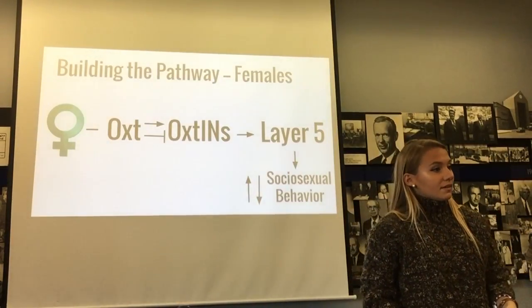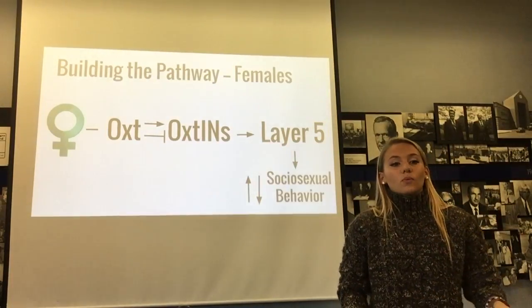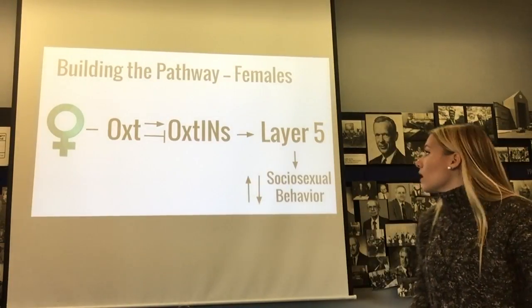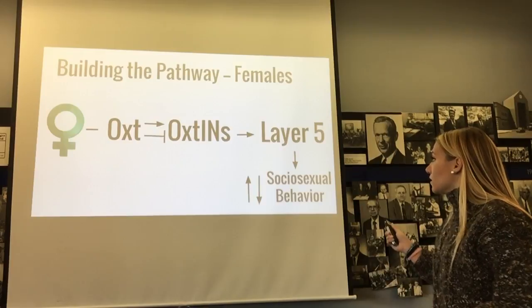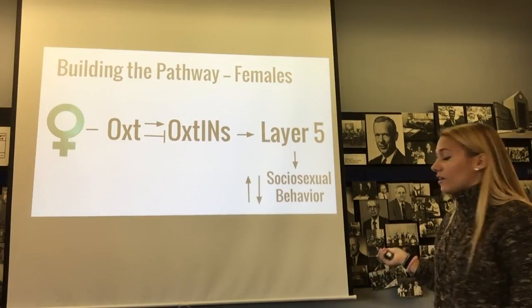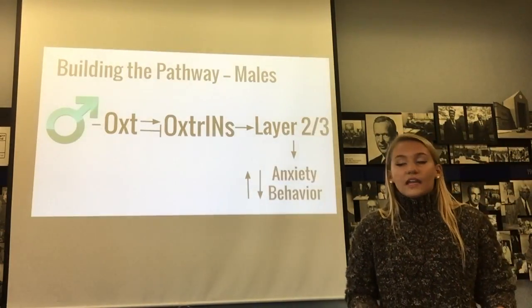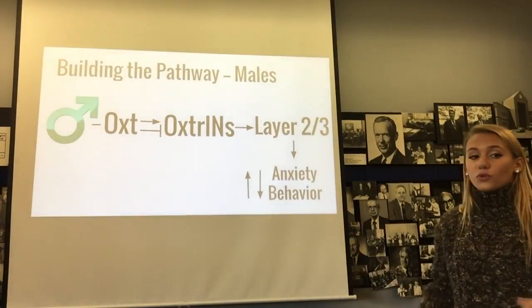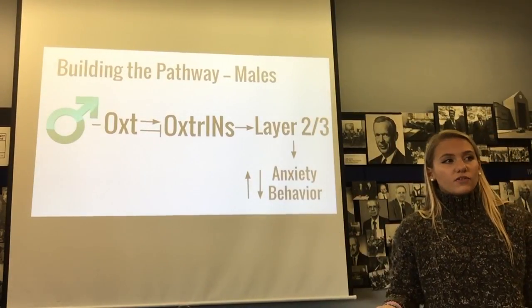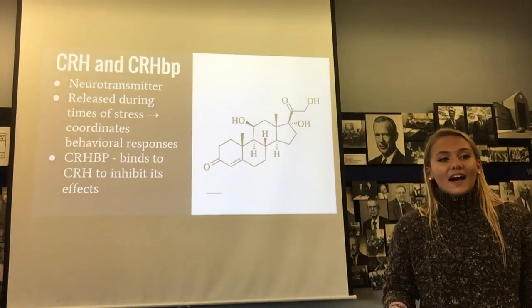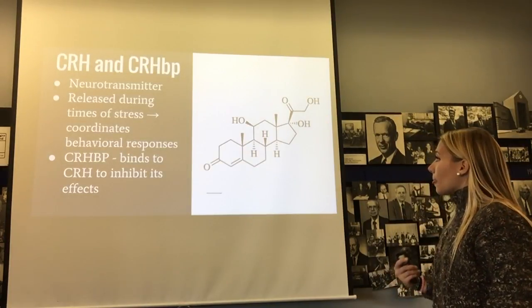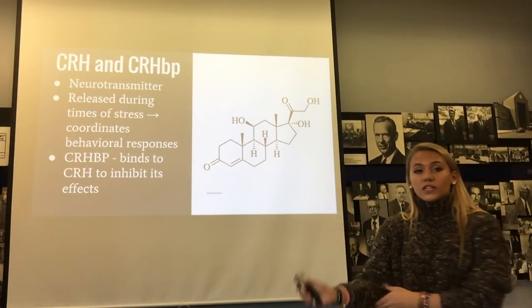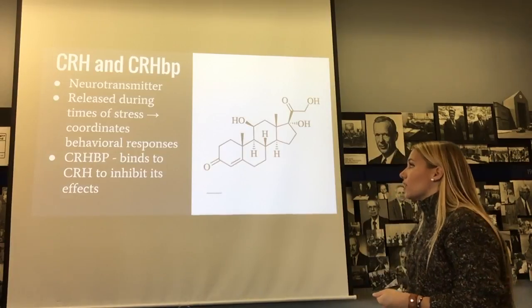Okay. So what we figured out is that oxytocin receptor interneurons affect layer 5, which then affects sociosexual behavior. And oxytocin receptor interneurons in layer 2, 3 for males affect anxiety behavior. So here's just one more term that you need to know: CRH and CRHBP.